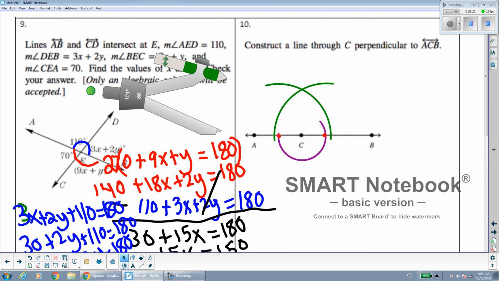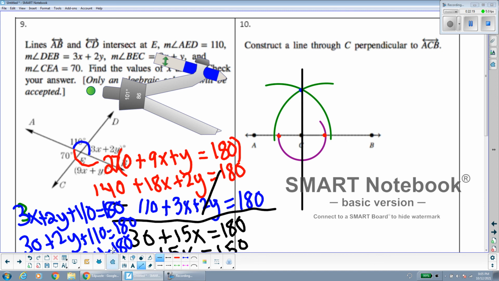And check it out. I have a point where the arcs meet. I can get out my straight edge and draw a straight line right through the intersection of those arcs.